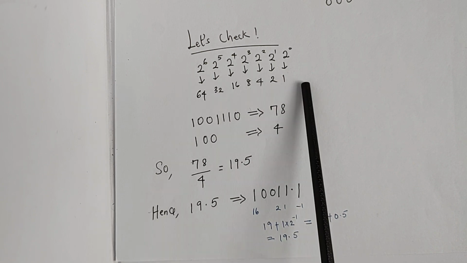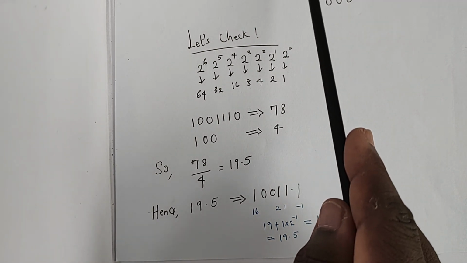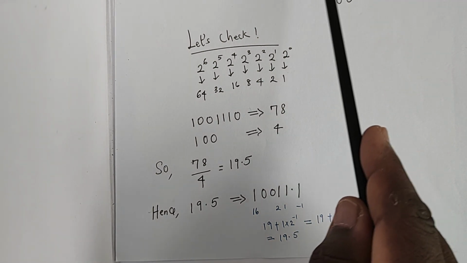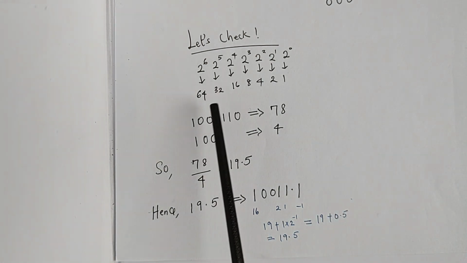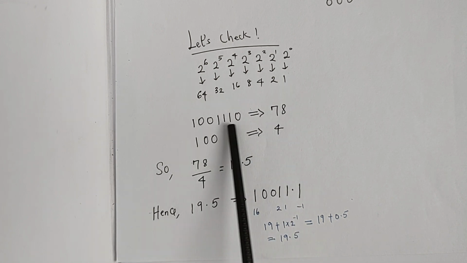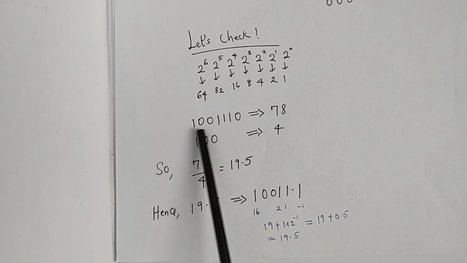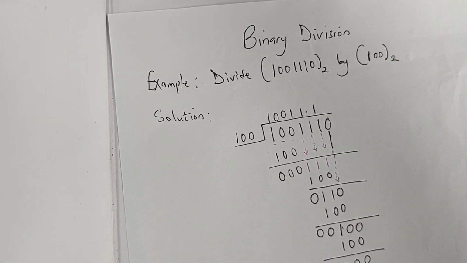All right. So let's compare what we have here. 1, 2, 3, 4, 5, 6, 7. This is the maximum number of bits that we have here, 7. So what is going to be the equivalent of this binary in decimal? This binary in decimal is what we use in our division process.